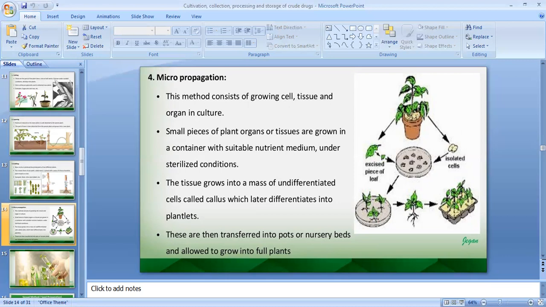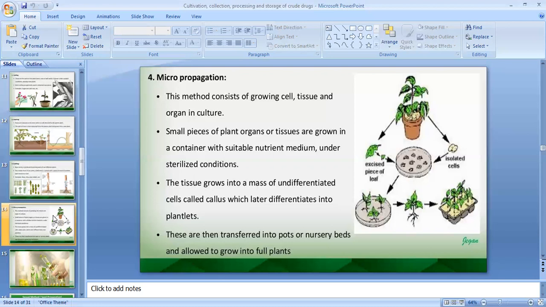The tissue grows into a mass of undifferentiated cells called callus, which later differentiates into plantlets. They are then transferred into pots or nursery beds and allowed to grow into full plants.